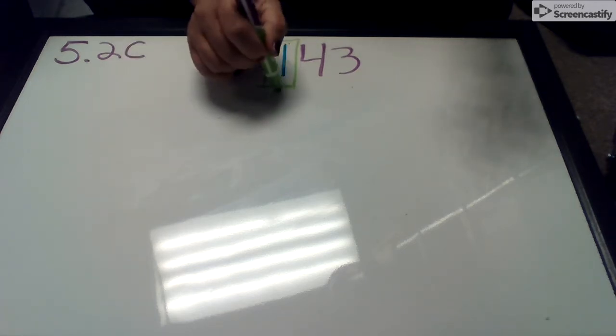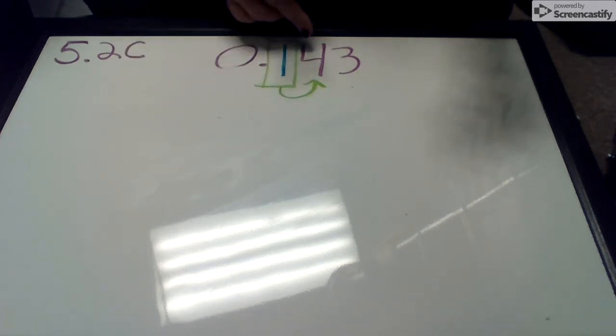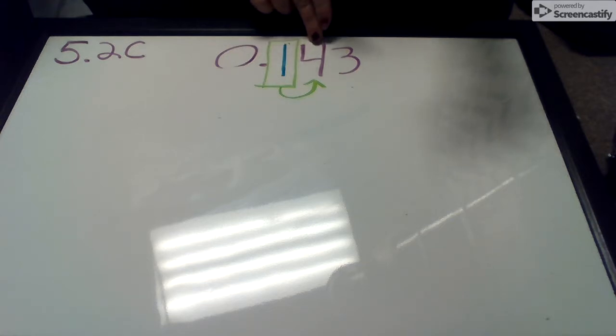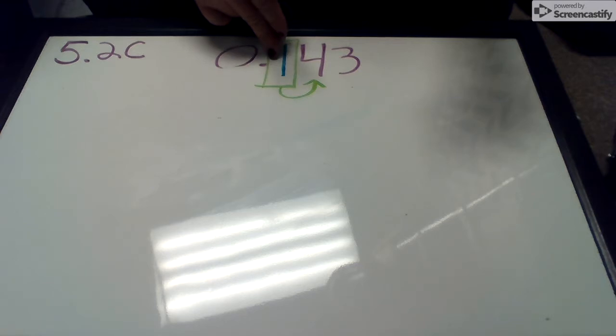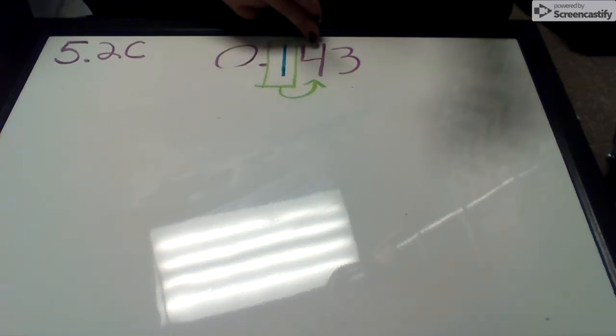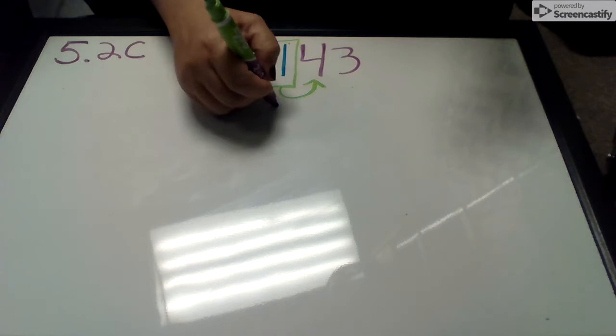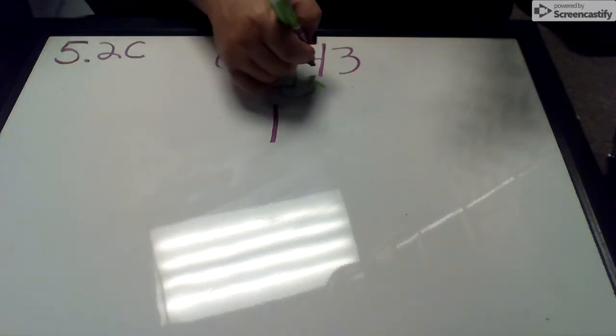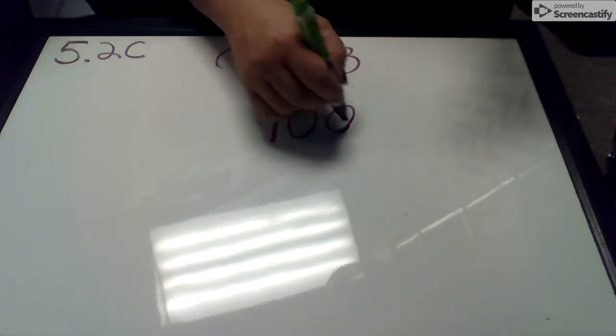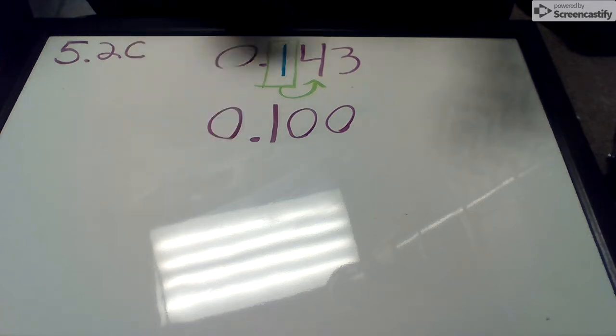So standing behind the tenths place is the hundredths place. The hundredths place determines whether or not this becomes a 2 or stays a 1. Since this is less than 5, this stays a 1. And everything else behind it turns into a 0.